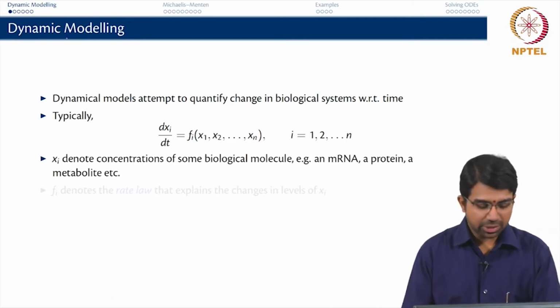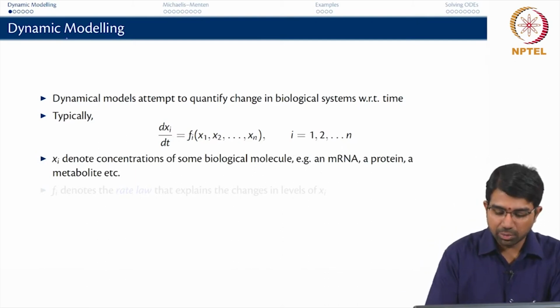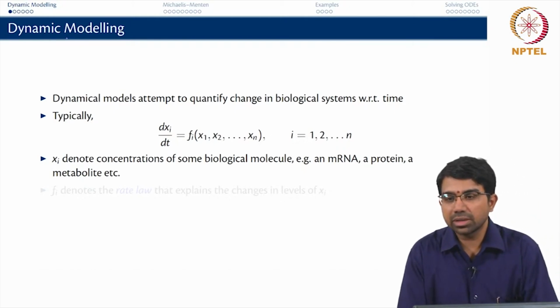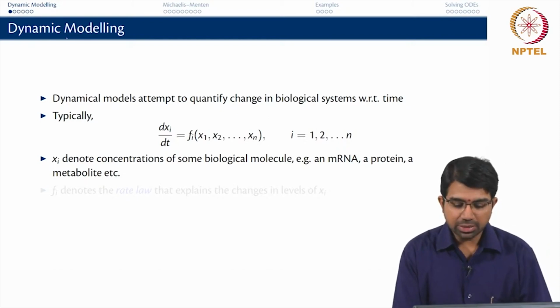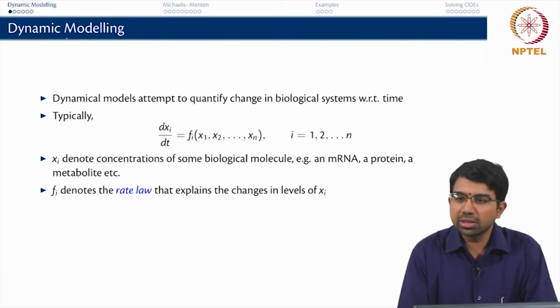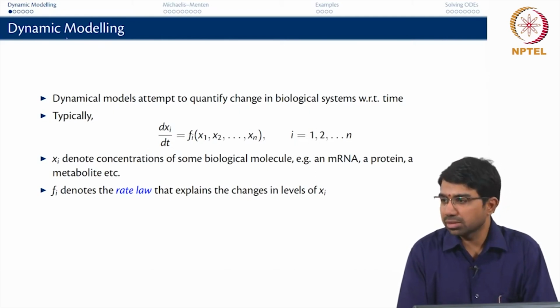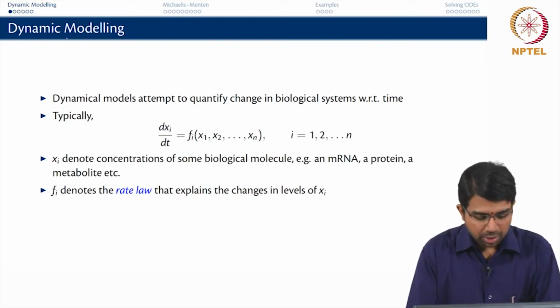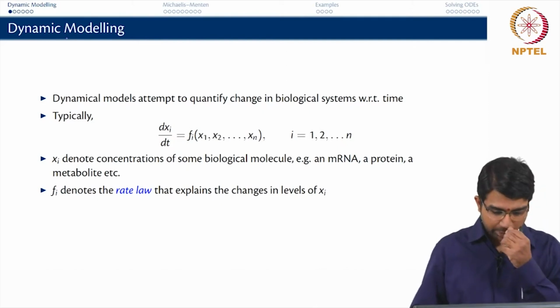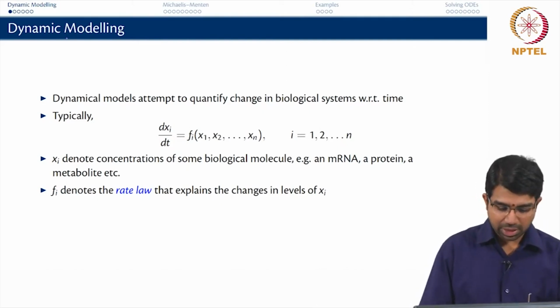For example, xi denote the concentrations of some biological molecule like an mRNA, a protein or a metabolite, and fi essentially denotes some rate law that explains how xi changes with respect to time and in response to all the other x's. You are actually familiar with any of these models if you stop to look at it. We will look at some examples as well.